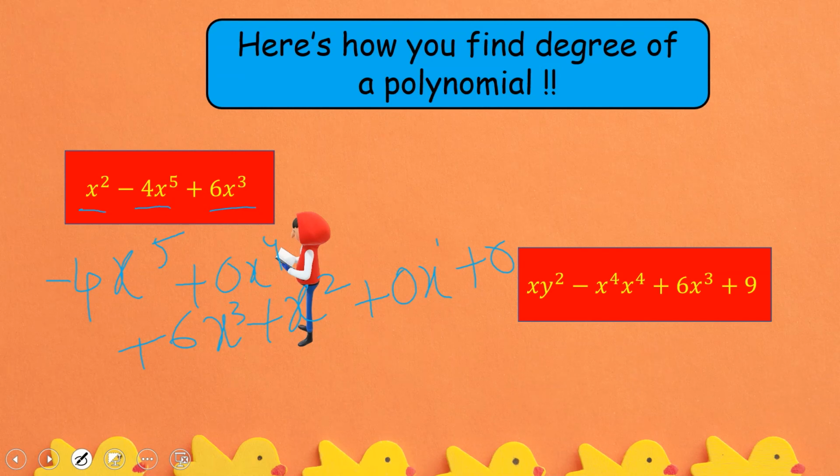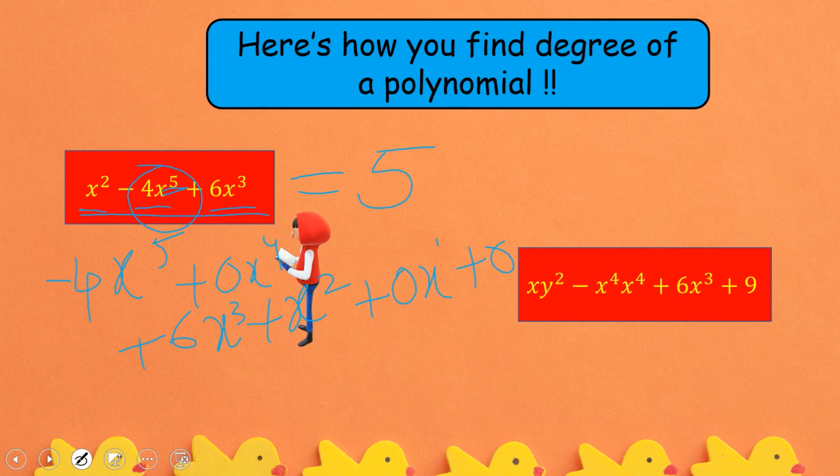Finding the degree is nothing but finding the term having the highest exponent. The term having the highest exponent in a polynomial is termed the degree of your polynomial. So in this expression, minus 4x power 5 is the term with the highest degree, 5. So the degree of this expression is 5.